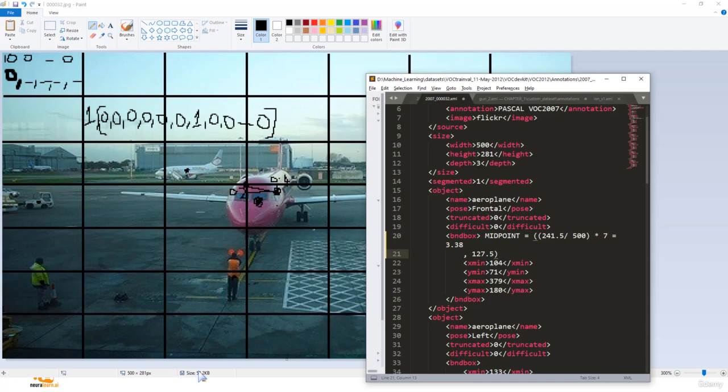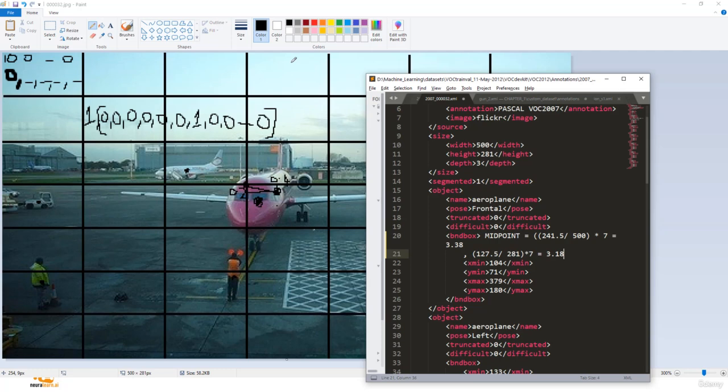And then for the Y, we have this divided by 281, then times 7. So we convert it into the new coordinate system, times 7. It gives us 3.176. So that's a 3.18. This is quite similar to what we had approximated here. That's 0.2.